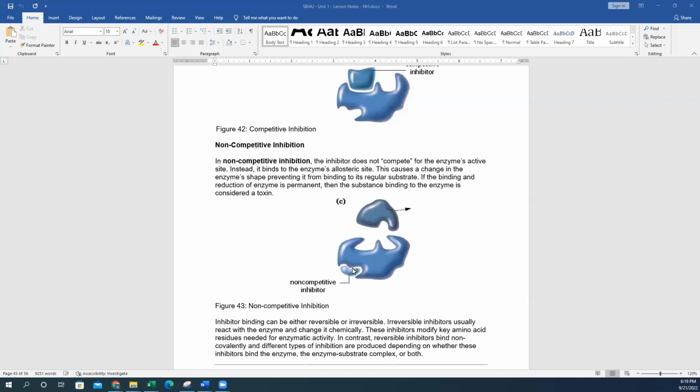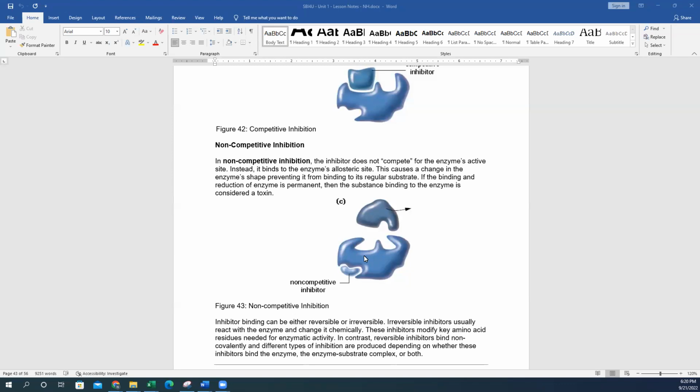The binding of this molecule to the allosteric site causes a change in the shape and conformation of the enzyme overall, altering its active site and stopping it from binding to its regular substrate. So now, as you can see, the regular substrate can no longer bind to its active site in this pocket. This pocket has now adopted a different conformation that is not conducive to the binding of this substrate.